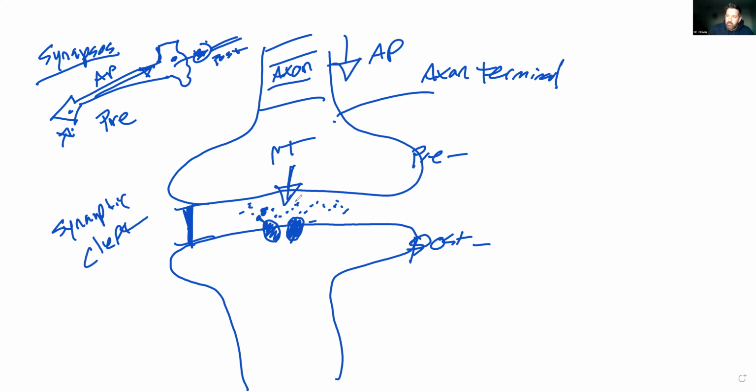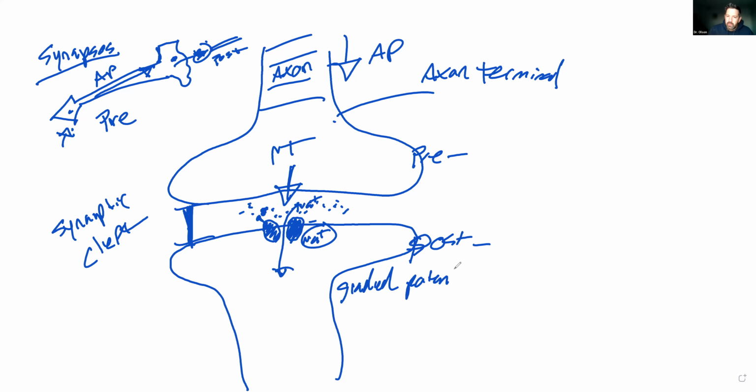If it is a sodium channel, let's say, then sodium in the synaptic cleft will be rushing into the postsynaptic neuron, or dendrite, and this would be voltage gated, right? We have the electrochemical gradients we discussed.